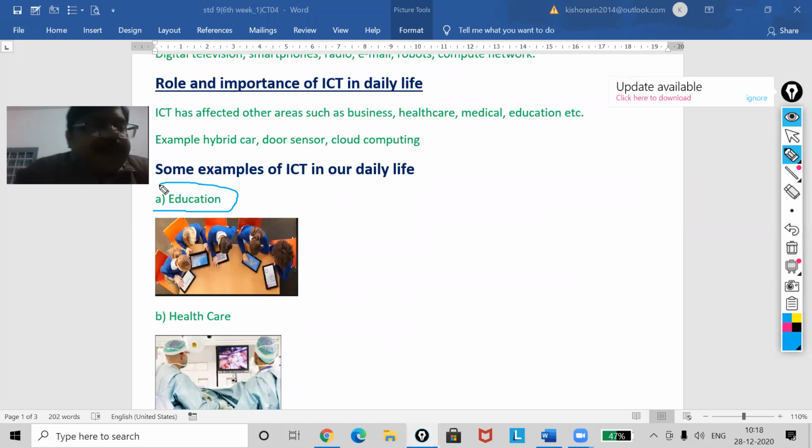Nowadays, teachers often use computers to teach students. So what are the benefits of ICT in education? First, the use of computers in the education domain, my dear, has simplified the learning of students. Teachers of primary school and secondary school have made the learning of students interactive and enjoyable.